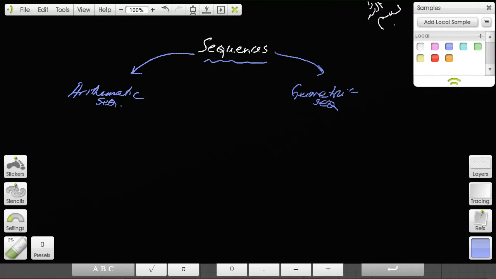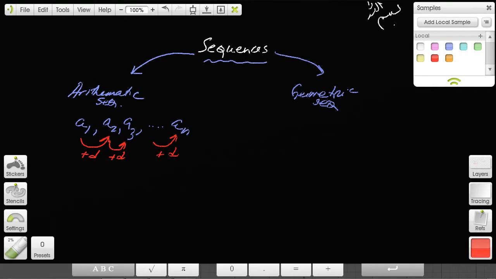Arithmetic sequences are when you're adding the same thing: a sub 1, a sub 2, a sub 3, etc., to a sub n. In these sequences, you're adding something common. That's called a common difference.